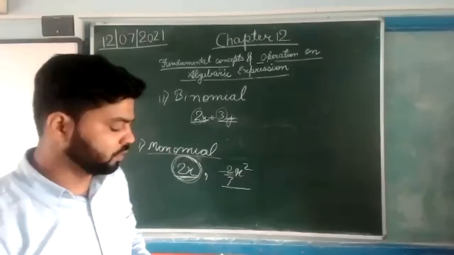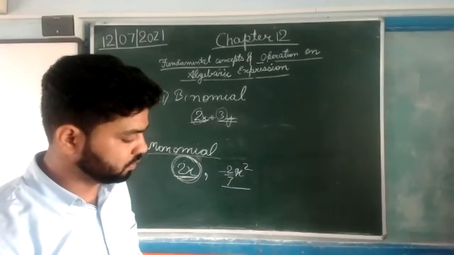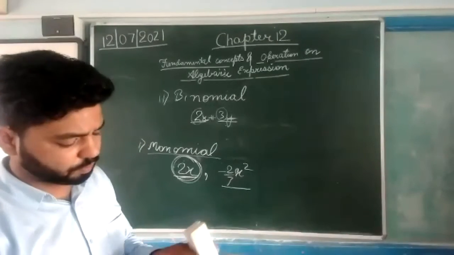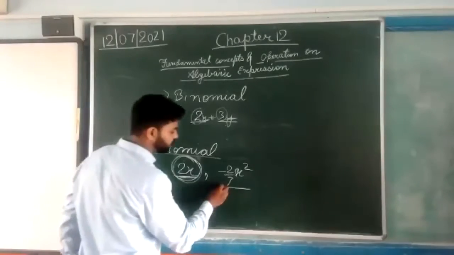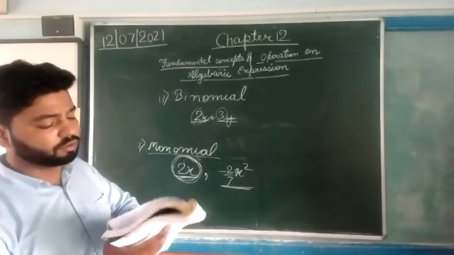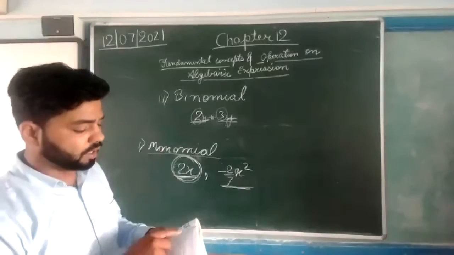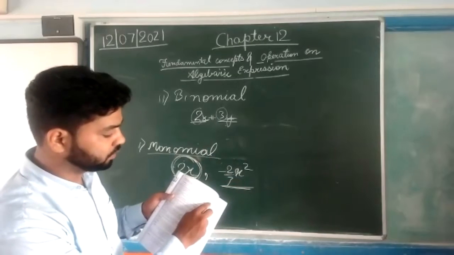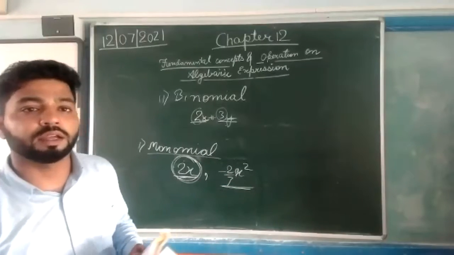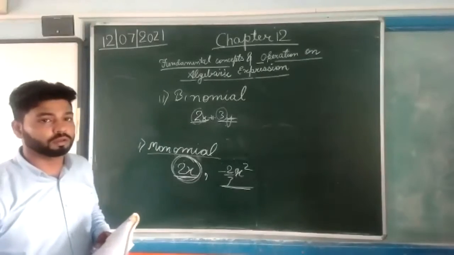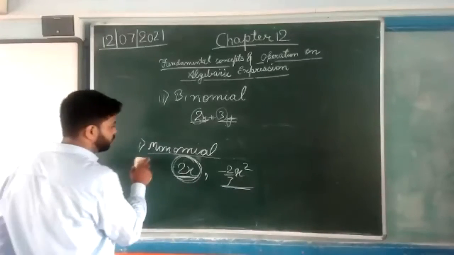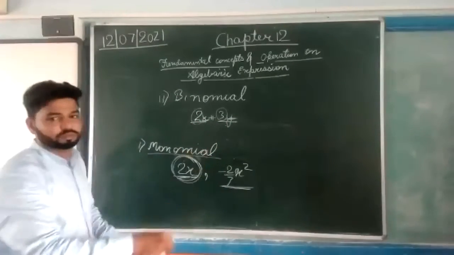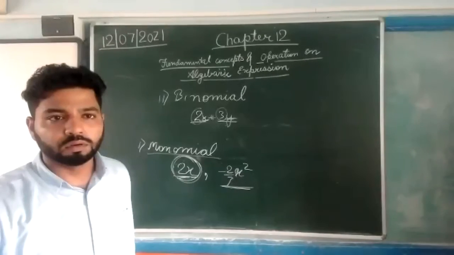No, that is not a multinomial. Read that first. It says this expression is a multinomial having 4 terms. That is indicating the term, not the multinomial. Are you getting me? Monomial consisting of one term, binomial consisting of 2 terms. Okay? Thank you, sir.